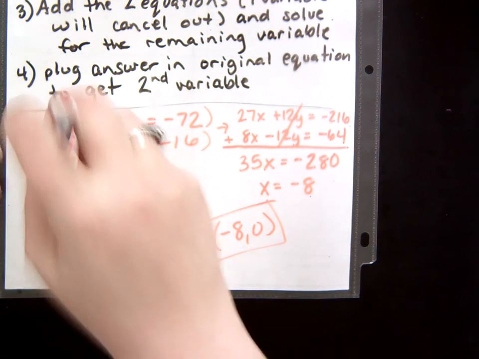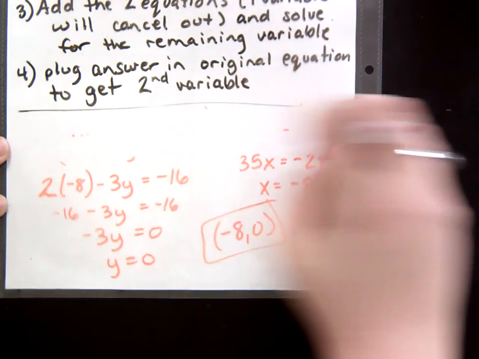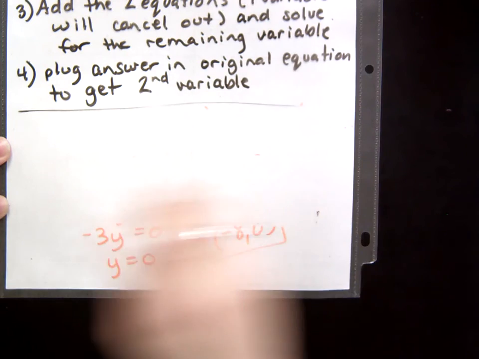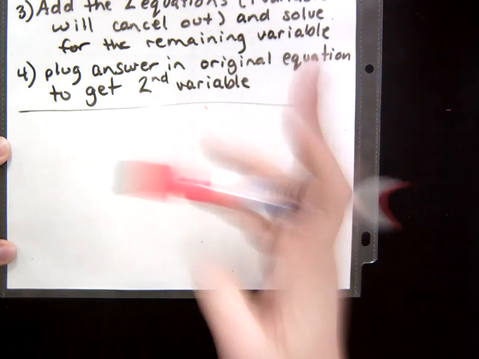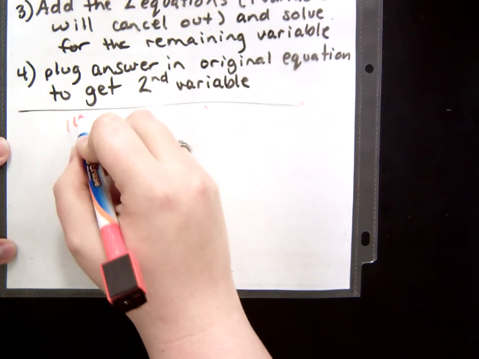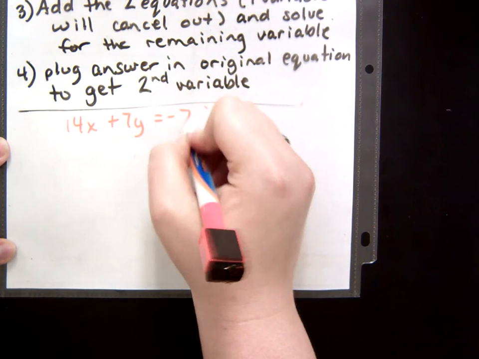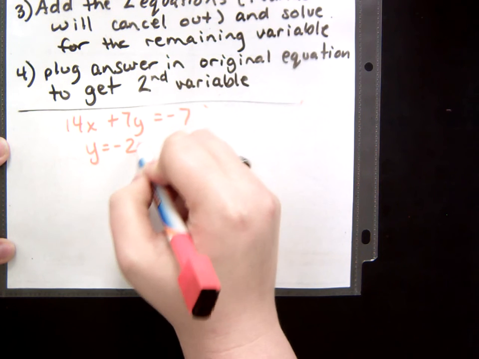Now you do have to be careful though, when you do elimination, you have to make sure that your x's and y's line up. So let me take another one I did in the substitution video. 14x plus 7y equals negative 7, and y equals negative 2x minus 1.